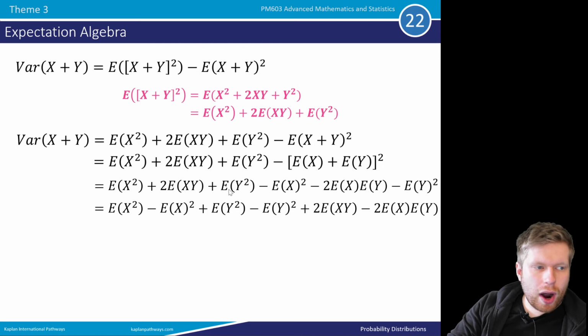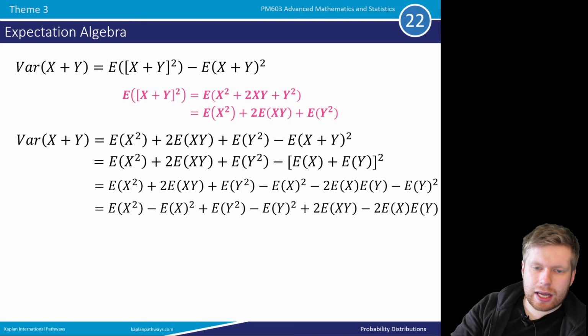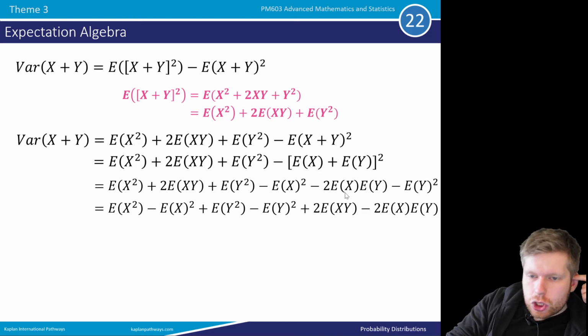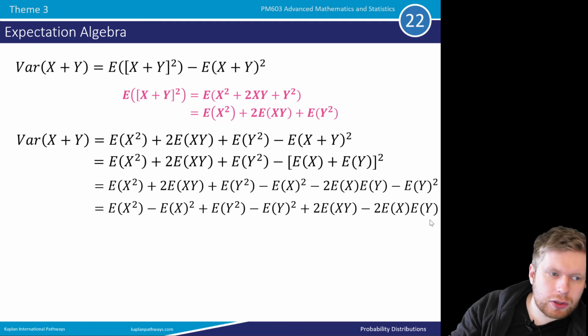Similarly with the expectation of y, I've got an expectation of y squared there, and I've got a negative expectation of y all squared there. So I'm going to write that together. Okay, so I'm just simply rewriting it, not actually changing anything as such here. I'm just simply grouping terms together. And likewise, I've got the expectation of xy there, so 2 times the expectation of xy, minus 2 times the expectation of x times the expectation of y there. So I'm grouping those together.